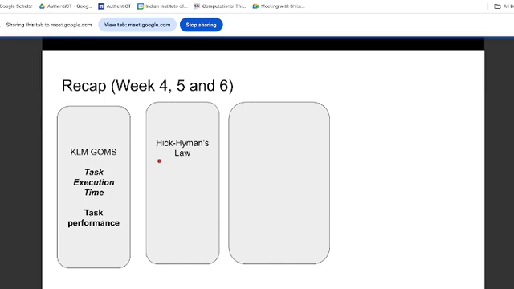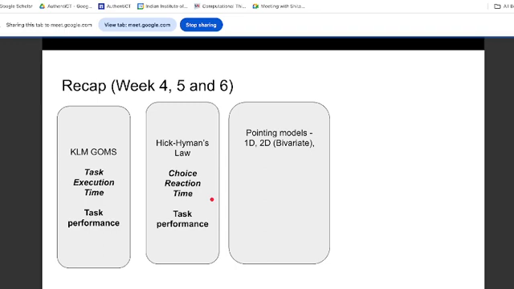Then we learned Hick's law, talking about the choice reaction time, in which similar choices are presented in front of the user, and they have to decide which one to go for. Here also we were aiming at modeling the task performance, which is basically the efficiency, the speed with which a task can be completed.